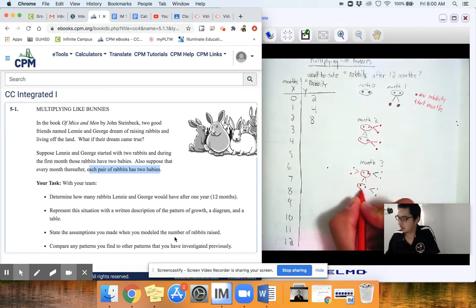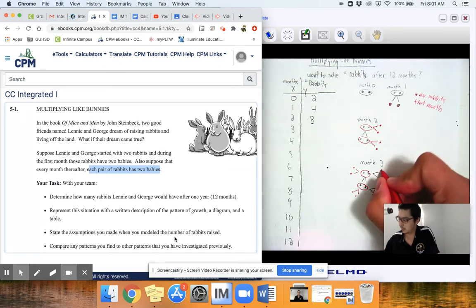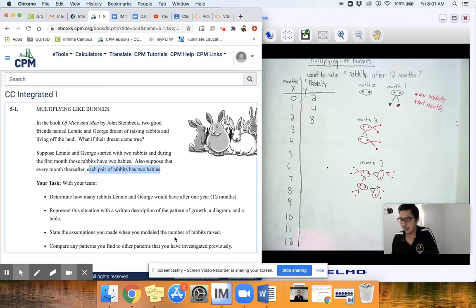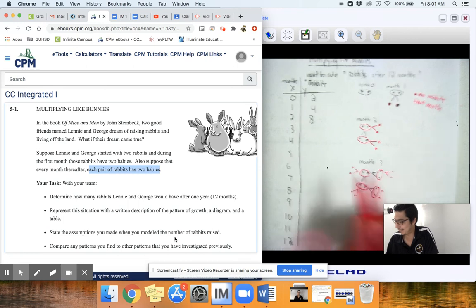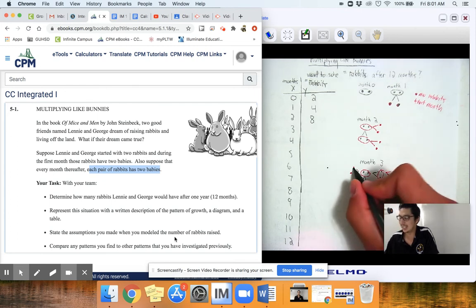Their first set has 2. The babies that were just born in month 2 have 2, and these 2 have 2. There's bunnies everywhere. My gosh. It gets a little weird if you think about it, but let's not think about it. So how many are there after month 3? 1, 2, 3, 4, 5, 6, 7, 8 for month 2, plus 9, 10, 11, 12, 13, 14, 15, 16 total.